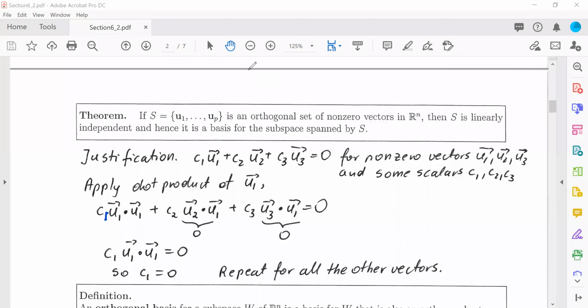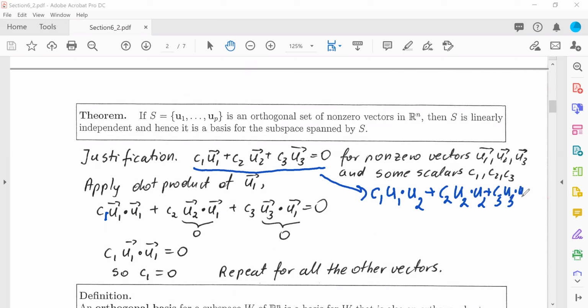So I would do exactly the same for the other vectors. I would start with this equation, then apply the dot product with u2. So I would have C1 u1 dot u2 plus C2 u2 dot u2 plus C3 u3 dot u2 equals 0.